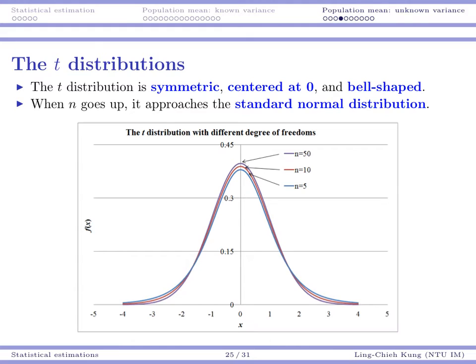What does a T distribution look like? The T distribution is symmetric, centered at 0, and looks like a bell-shaped curve. Different degrees of freedom give you a different T distribution curve. In this graph, we depict the T distribution PDF with degree of freedom n equal to 5, 10, or 15.